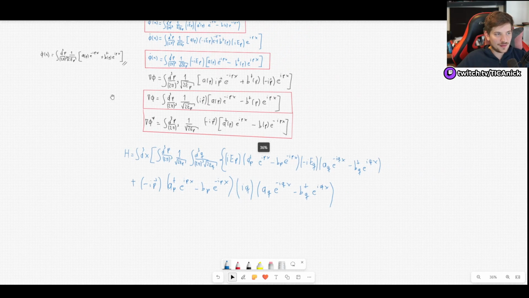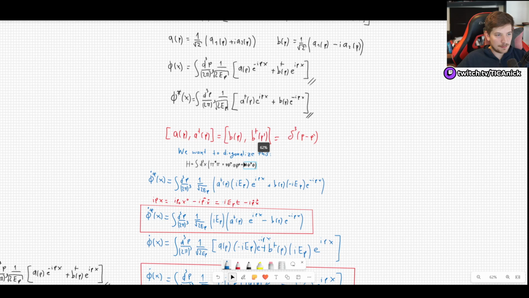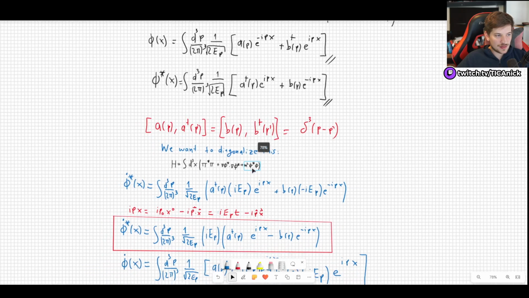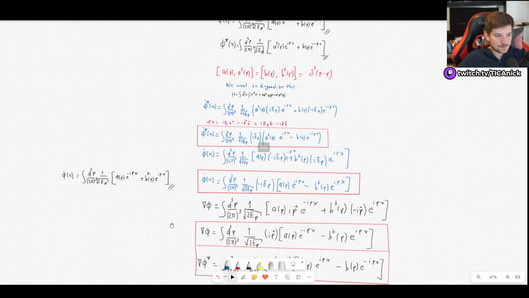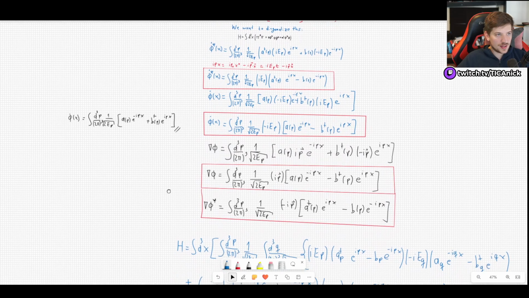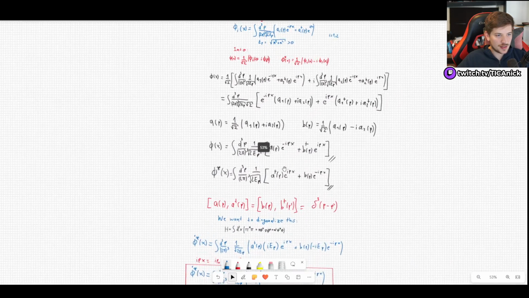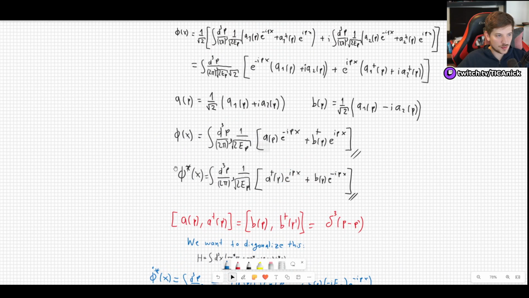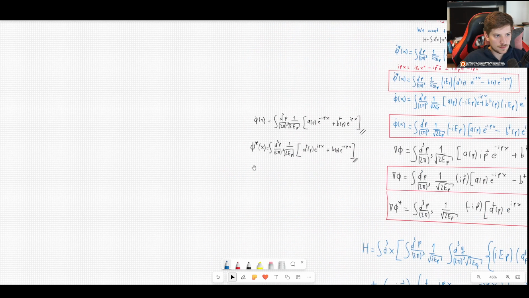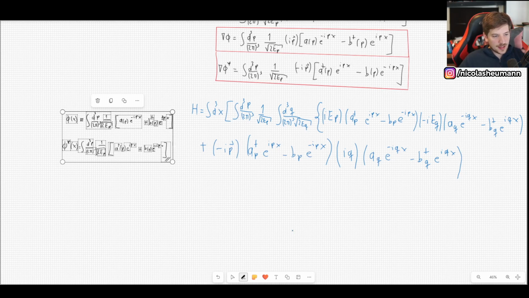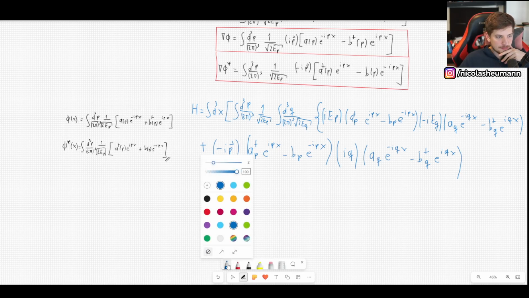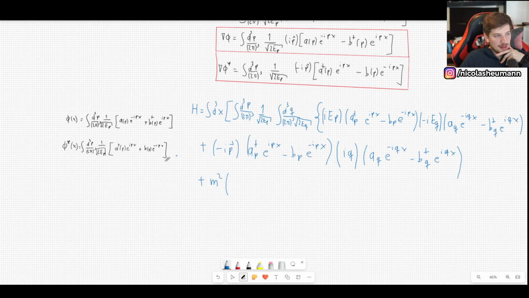And finally, we have the third part, which is mass squared times just the fields themselves. So where is our field conjugate? I believe we left it somewhere. Here it is. So I'm just going to copy it and move it down. Okay, with that in mind, let's begin. So this would be plus m squared, and now just plug this in. Again, this prefactor we have already considered.